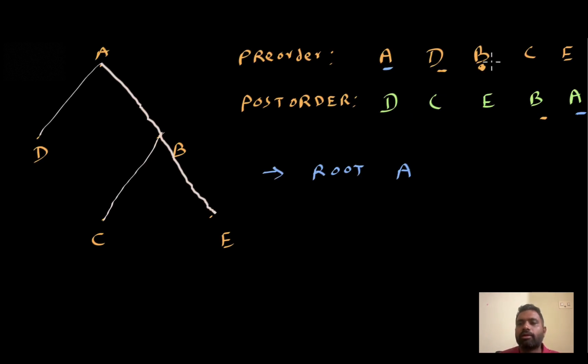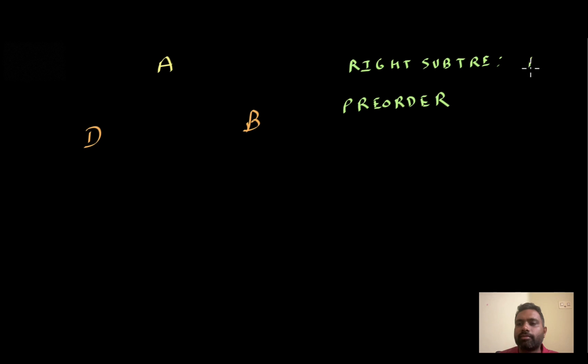So for the right subtree, preorder will be: take B, and from that the entire sequence will be preordered. So B, C, E.